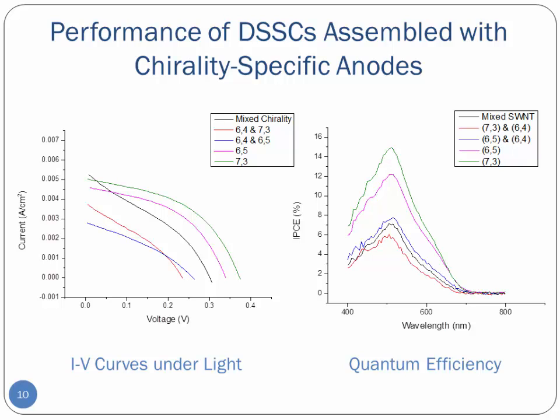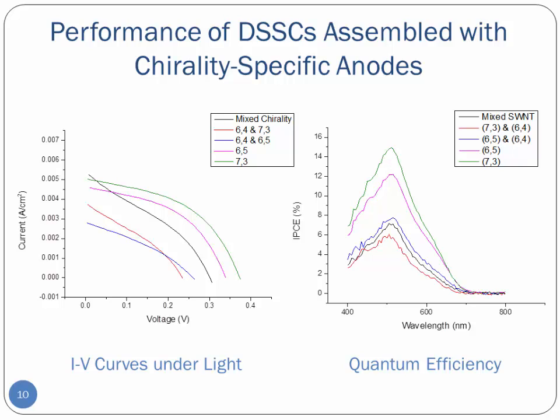But don't forget that we introduce a heterojunction, so we introduce a Schottky barrier height, so there is a push forward for the electrons. So the saturation dark current is less, the recombination is less, and so the open circuit voltage is more. In fact, single chirality, which means that we are tuning in the right way the work function of the carbon nanotubes, shows a better open circuit voltage.